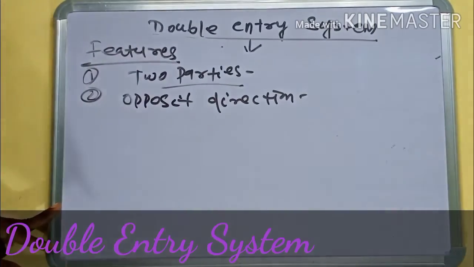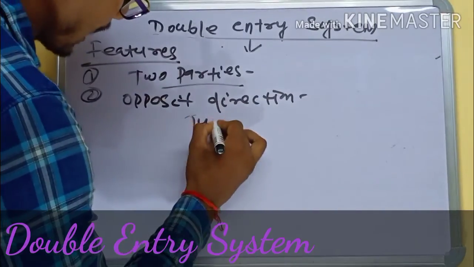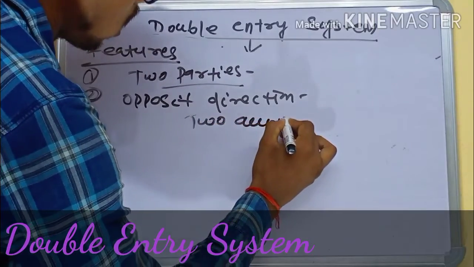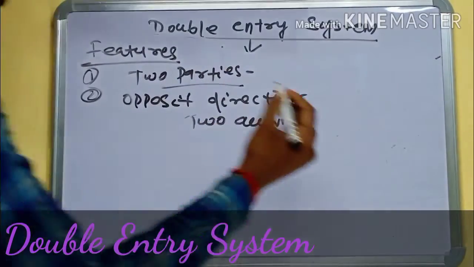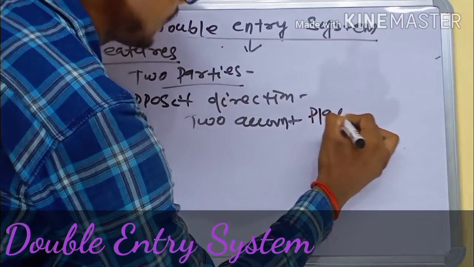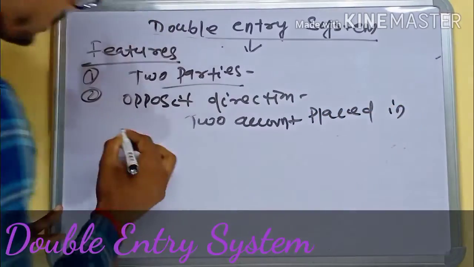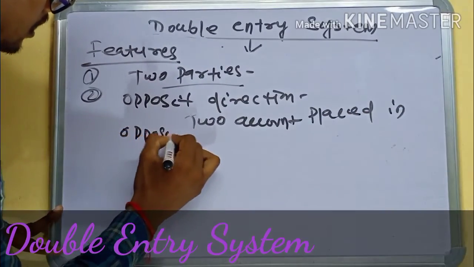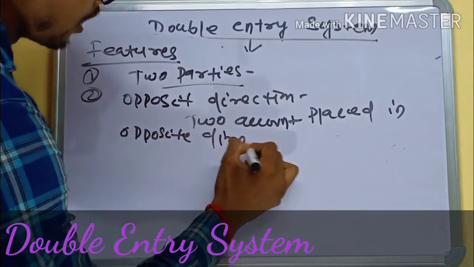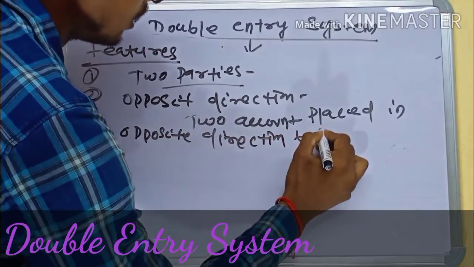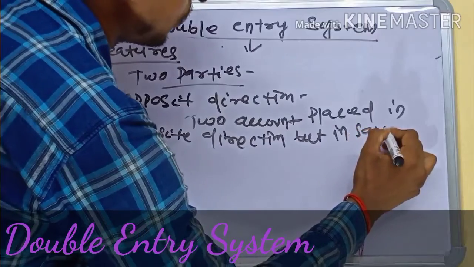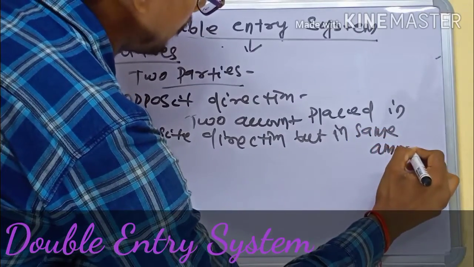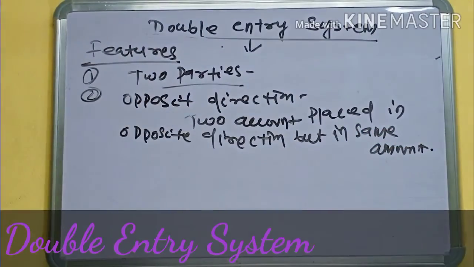The two accounts are placed in opposite directions, but in the same amount. One is debit and another is credit, but the amount of money is equal.